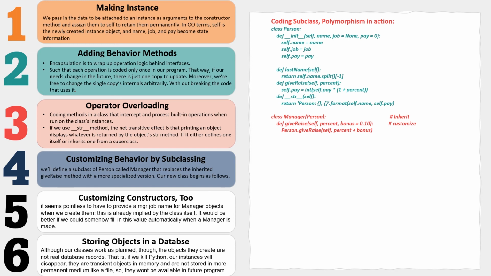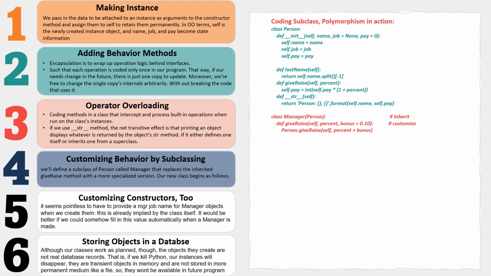Now with this, after creating a subclass and adding a customized method, if you call the same method for two instances of person and one instance of manager, irrespective of the instance type, Python runs the appropriate give raise for all three instances. This is called polymorphism in OOPs.